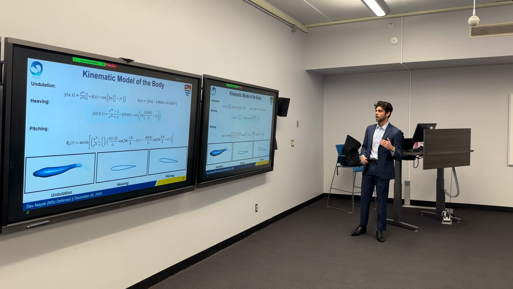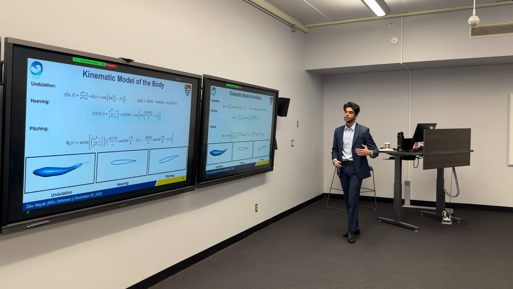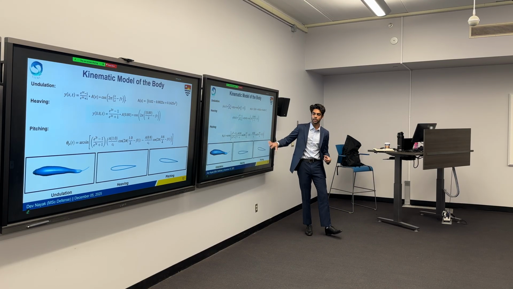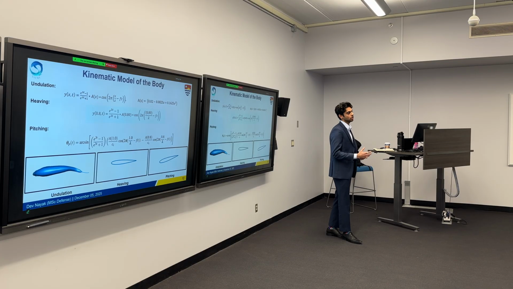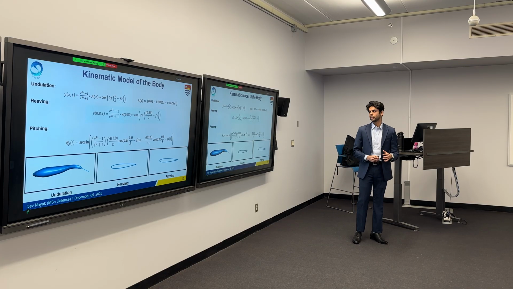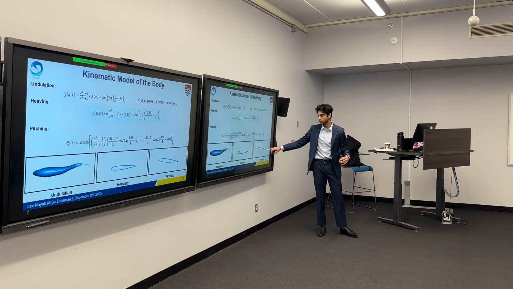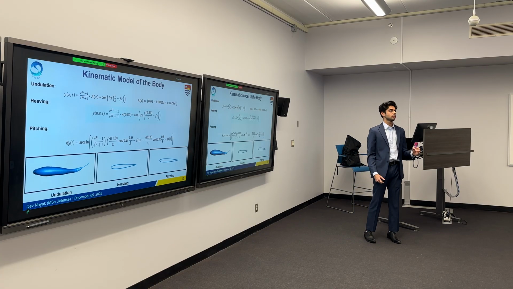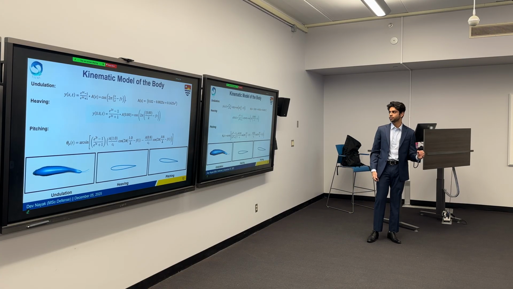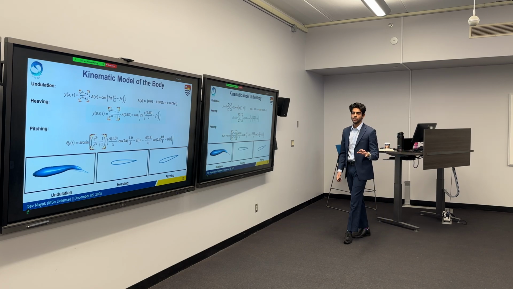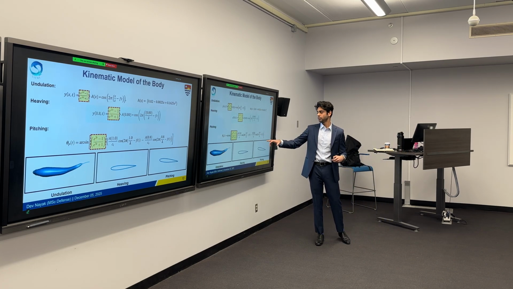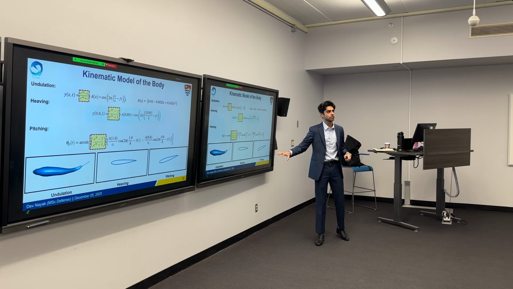And we use a derived pitching equation, and it's designed in a way to make sure that when it's combined with the heaving, it will follow the similar kinematics of an undulatory body. So the amplitude that the tail's trailing edge would trace will be very close to what we observe in an undulatory swimmer.